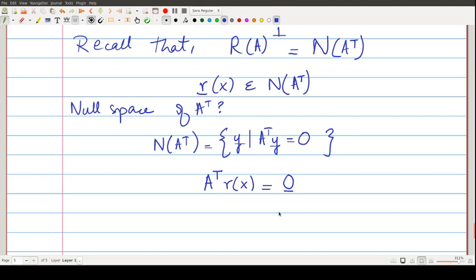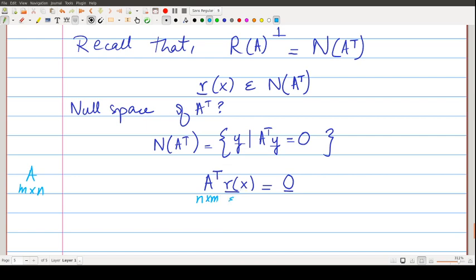Okay, so let's just think about what this equation is saying. Just to be clear, if A was an m by n matrix, that's what we started off with, then A transpose has to be an n by m matrix.